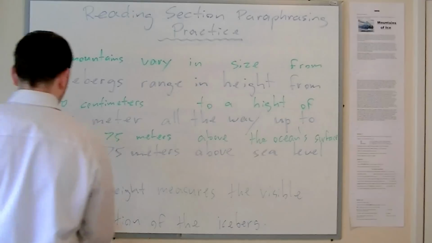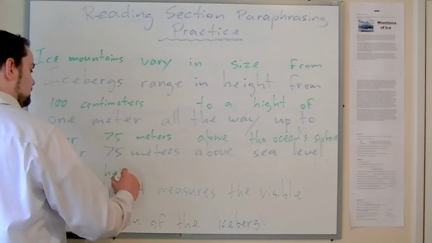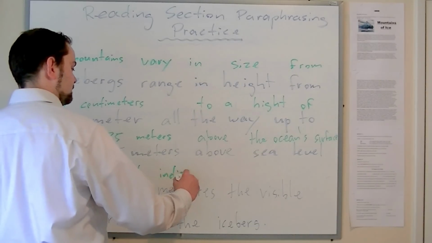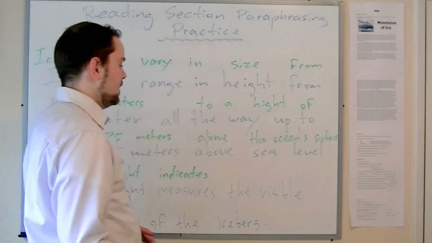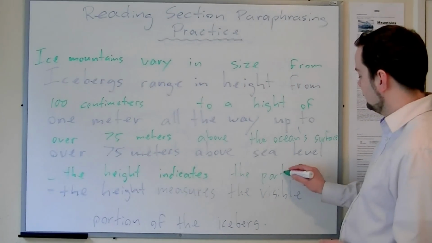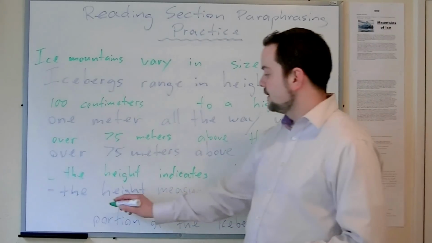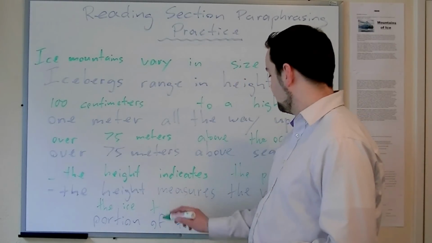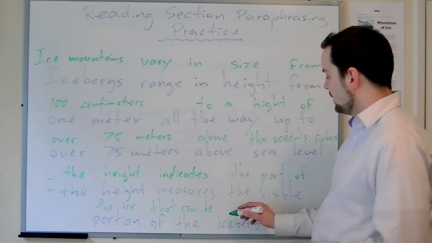The height indicates the visible portion of the iceberg, indicates the part or section of the ice that can be seen.